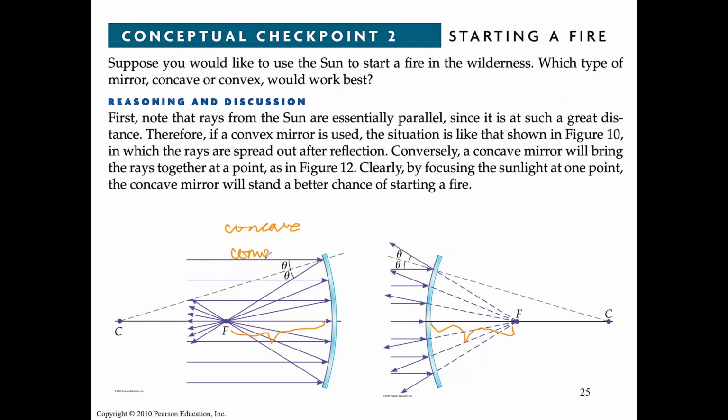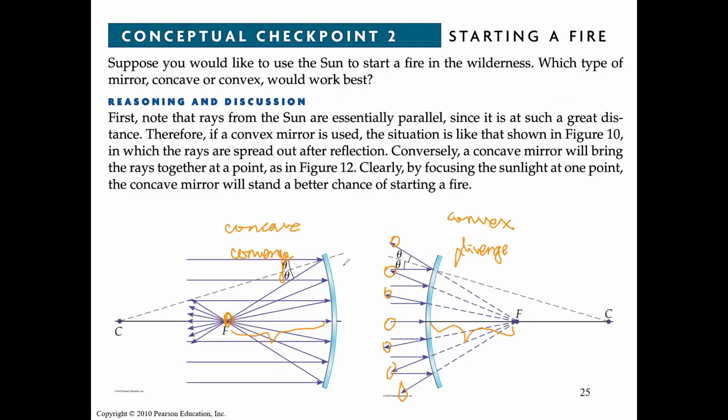Converge means that they will go to the same point, F. But if you use this convex mirror on the right, the light rays actually diverge. Diverge means that the light rays will span a larger angle than the incident light rays. So you can see that one ray points upwards, it reflects back, and then there are also light rays pointing downwards. So the light rays are diverging.